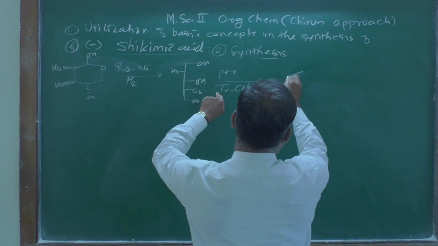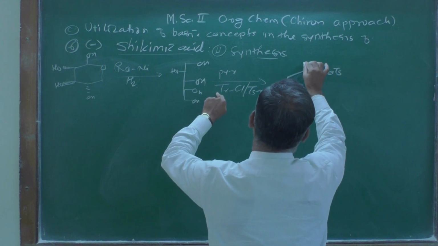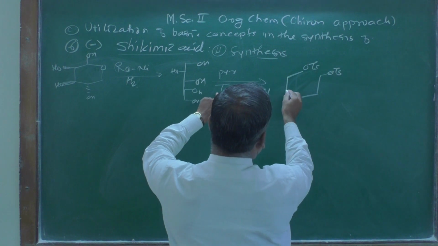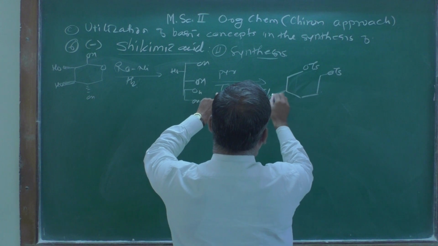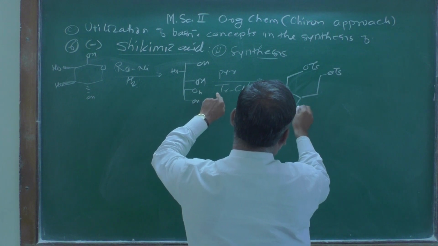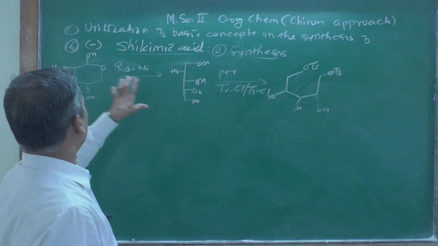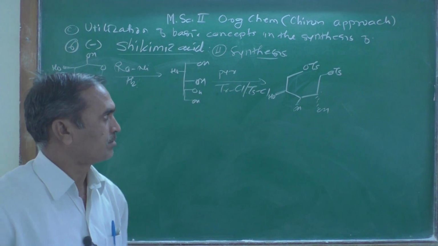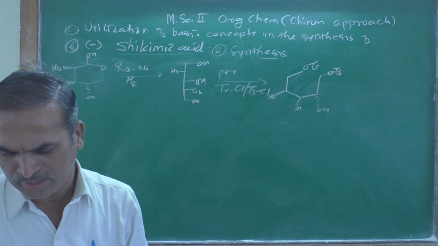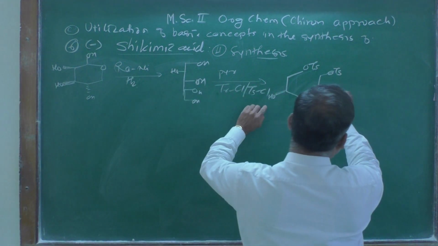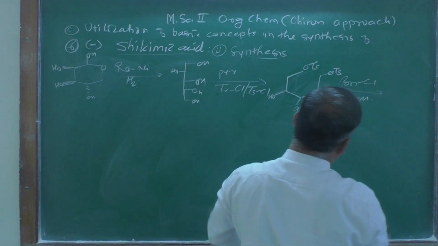Here let me draw it clearly first. Here OTS, and here also OTS. On the other part, here is a hydroxy group which is above the plane. Here also above the plane, and here below the plane. 3 hydroxy groups are there, they are shown like this, right? And after that you can treat this with benzyl chloride and KOH as base.